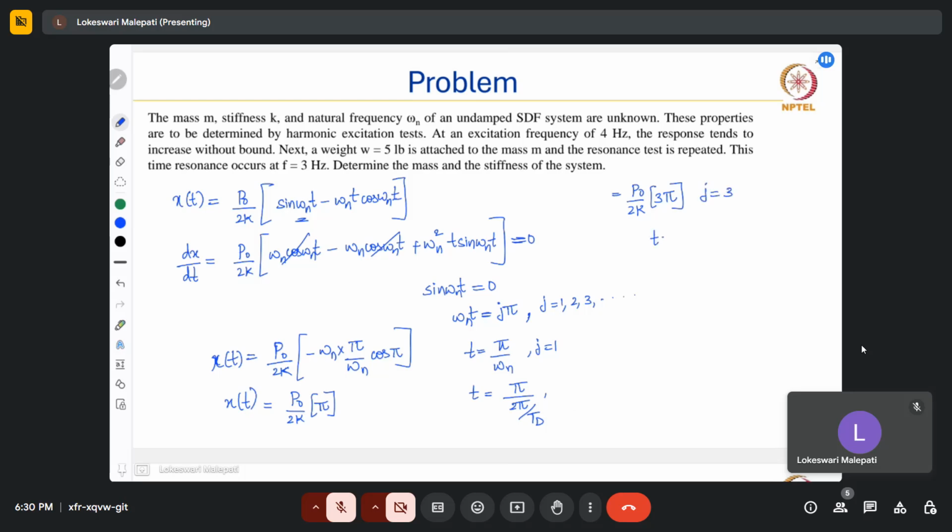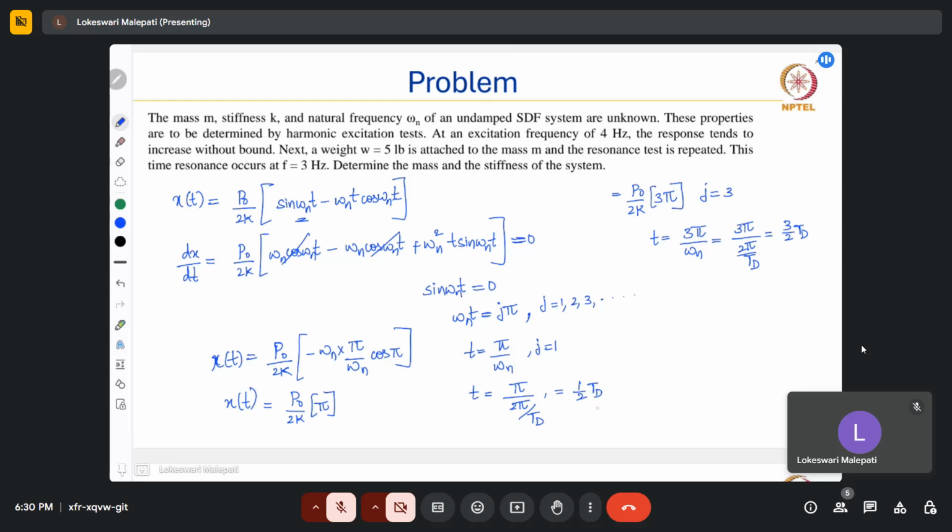That means t will be 3 pi by omega n. If we convert this into the time period, then we'll have 3 pi by 2 pi by Td. That means 3 by 2 times Td, and this will be 1 by 2 times Td.